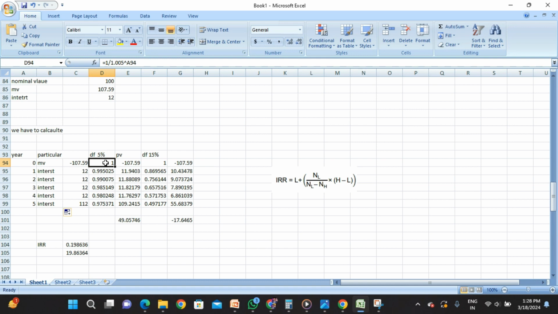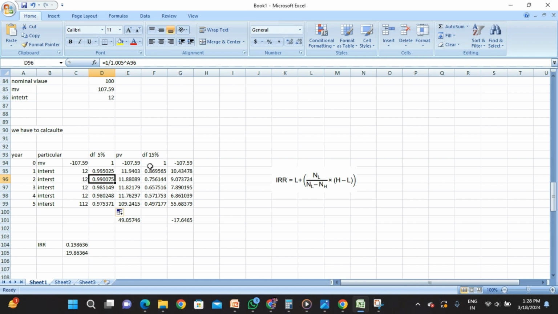So we say 1 divided by 1.05 to the power of this. Then we scroll down all this. We multiply the discount factor 1 into the market value, then the first year interest into the discount factor, second, and so on till the 5th year. We calculate all of this and receive the NPV of 49.05.